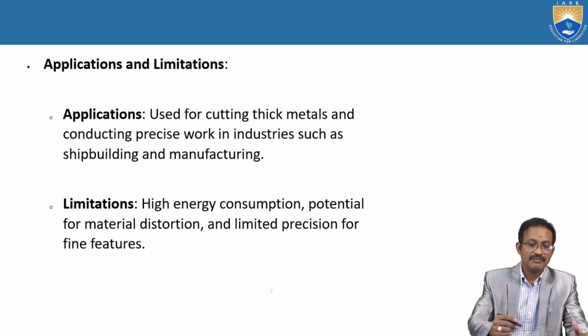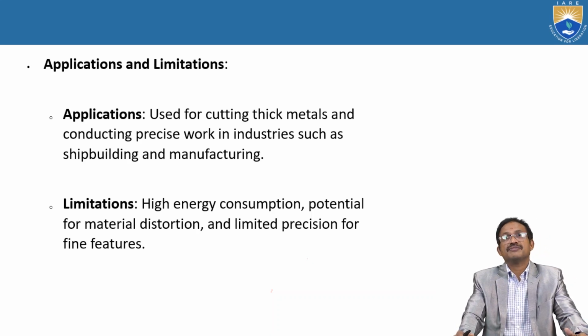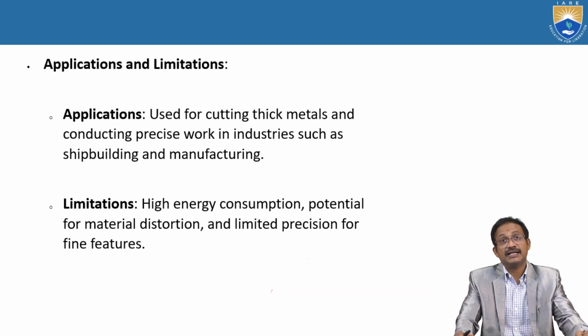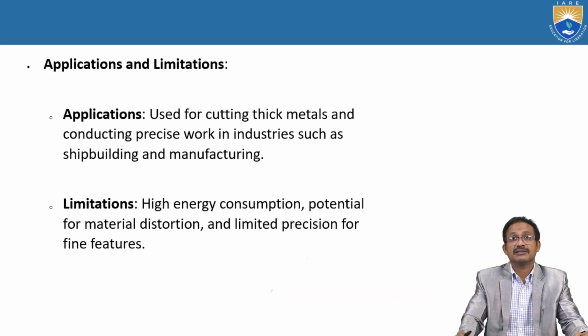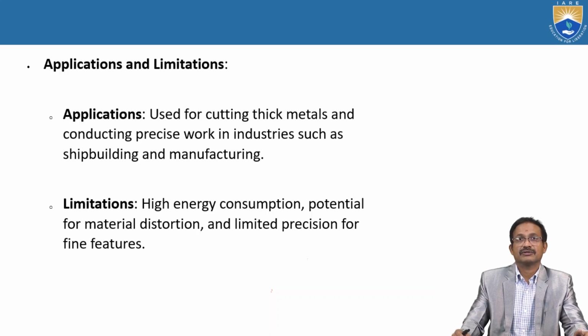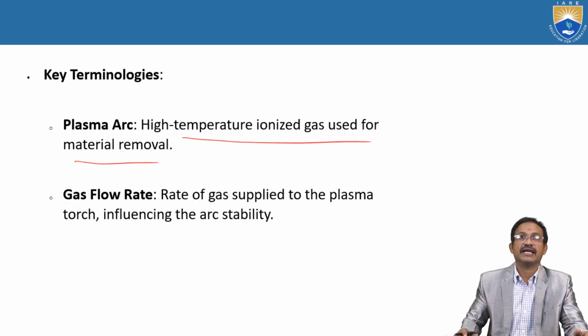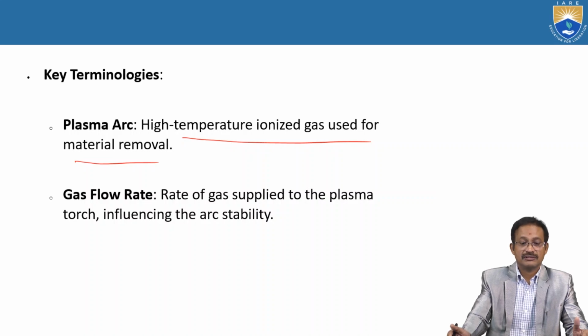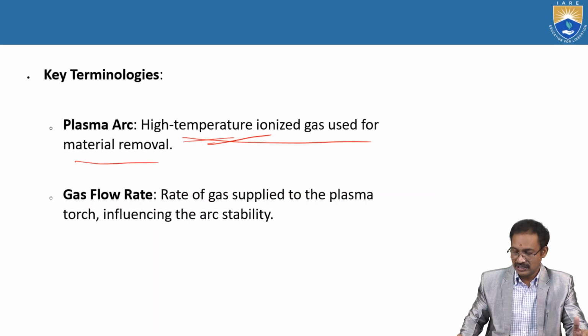Some limitations are also there: high energy consumption, potential for material distortion because this is high intensity, high temperature plasma, and limited precision for fine features. This is one of the negative issues. Next, plasma arc, high temperature ionized gas used for material removal. It has both positives and negatives, so that may be one of the limitations too.